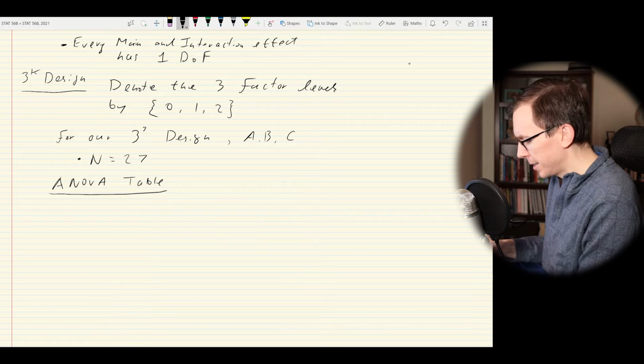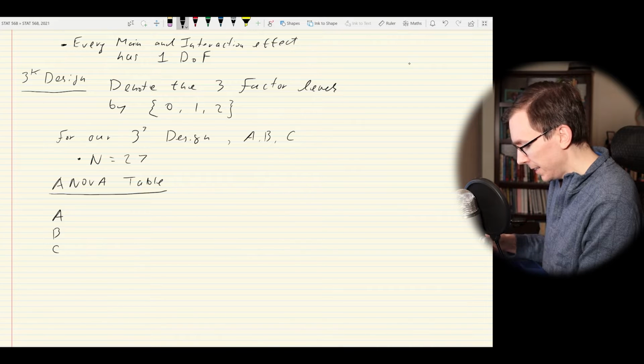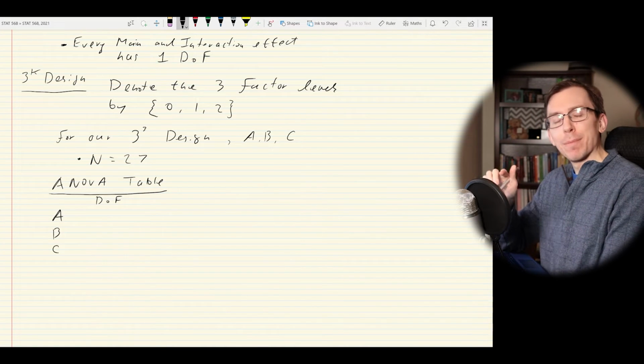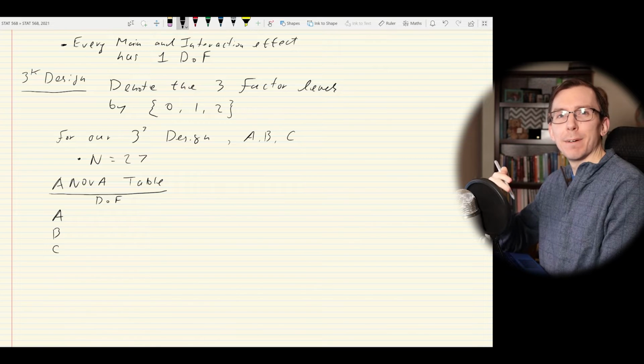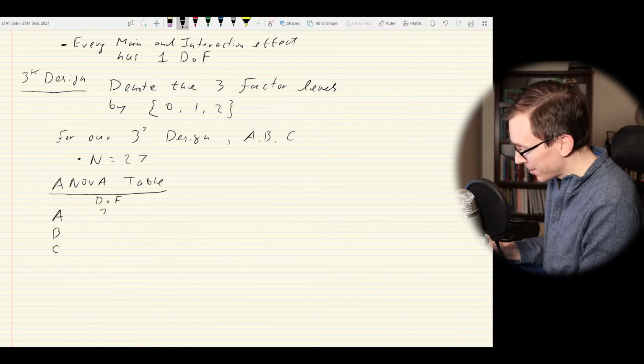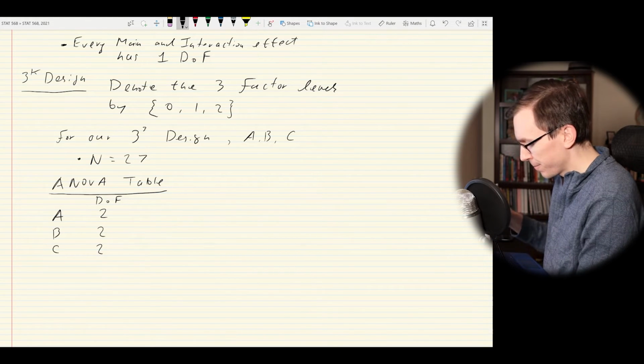We would get our main effects, so let's just say A, B, and C. And then we would have our degrees of freedom. And now we don't have 1 degree of freedom for each of these. Remember, the degrees of freedom is always going to be the number of factor levels minus 1. So in this case, it's 3 minus 1 or 2 degrees of freedom for each.